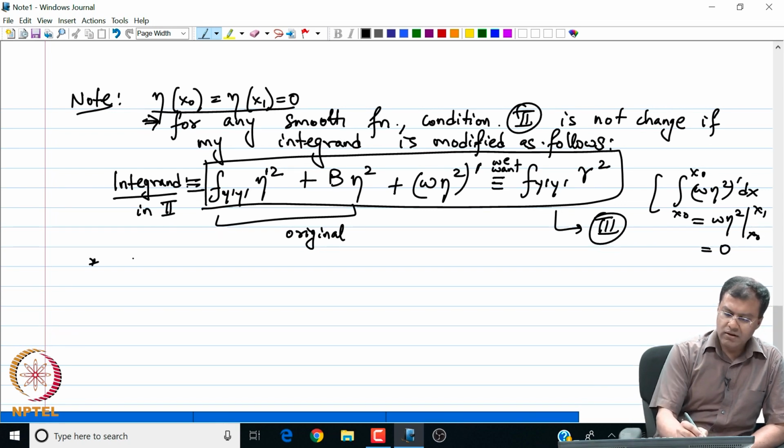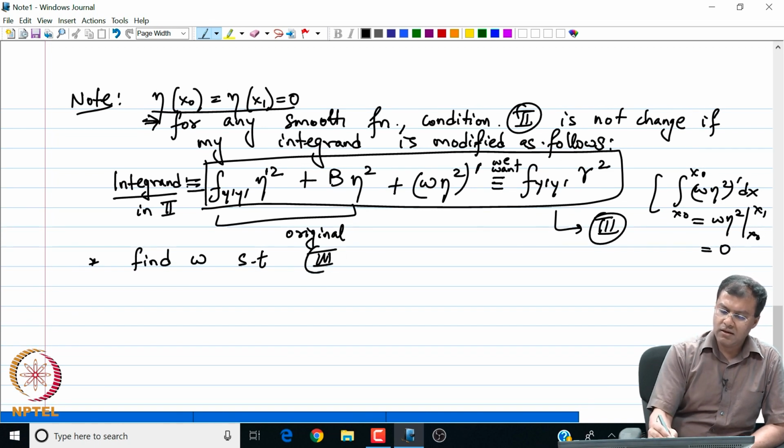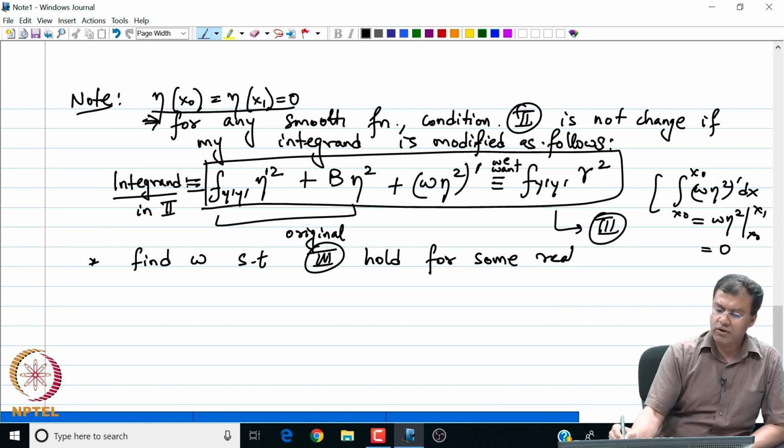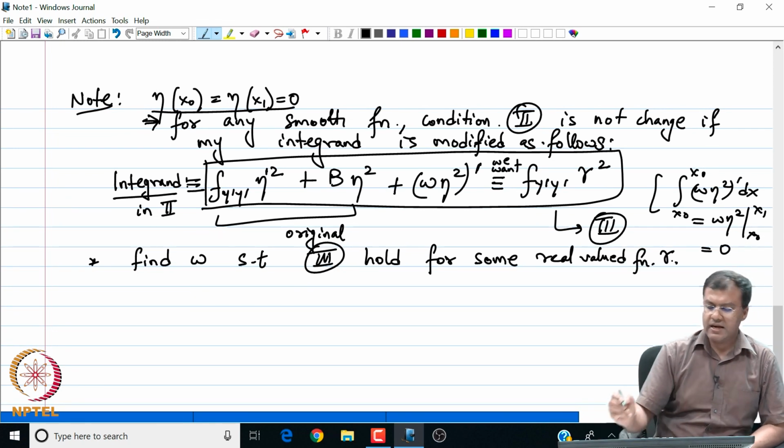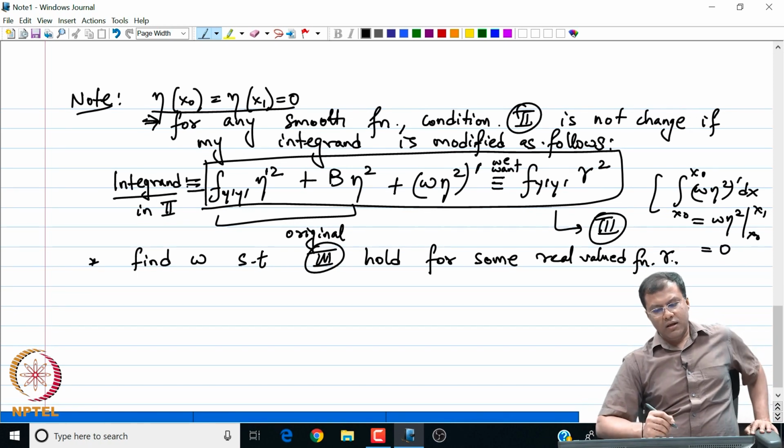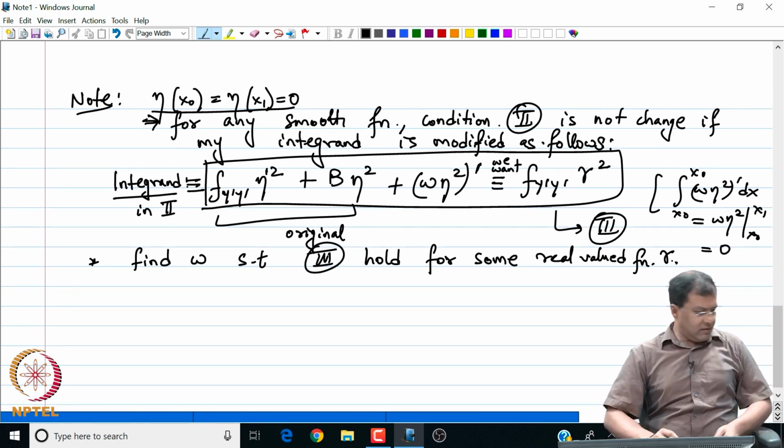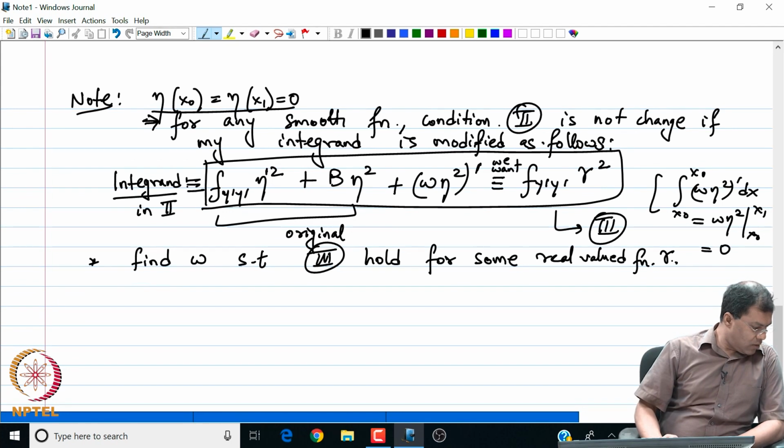The idea is we have to find omega such that 3 holds for some real valued function gamma. This is our goal. Now, notice that, so what have we got?